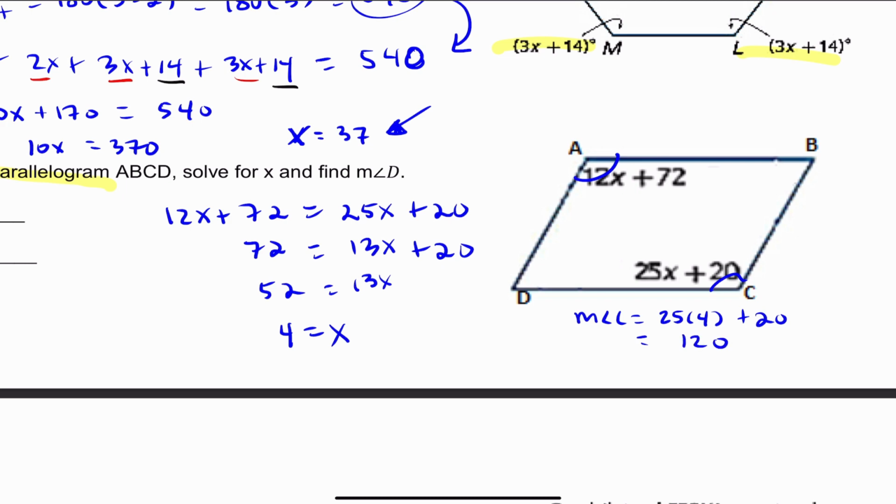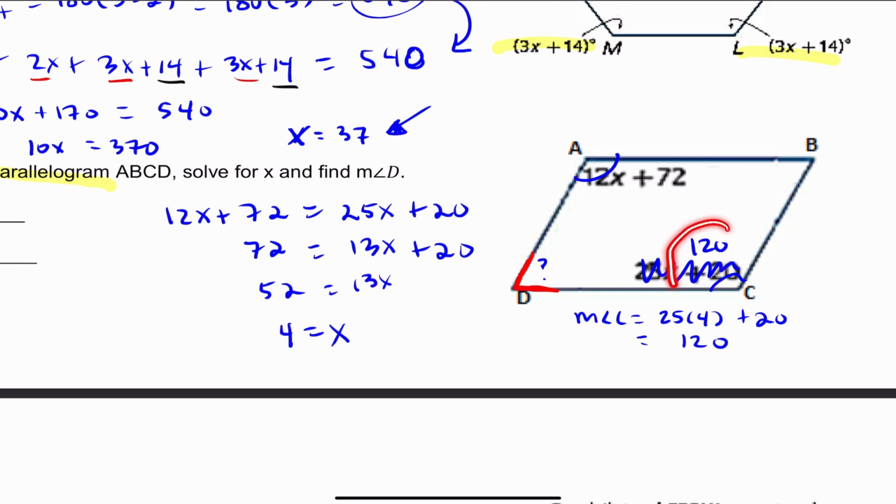Ignore this now, we don't need it. It's 120 degrees. So what really is the measure of angle D? I'm trying to figure out this angle here. One of the properties of a parallelogram is that consecutive angles are supplementary, so these angles must add up to 180 degrees.